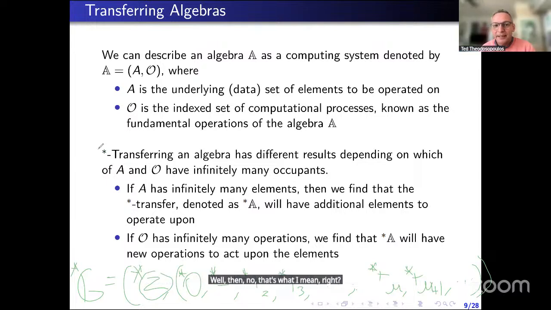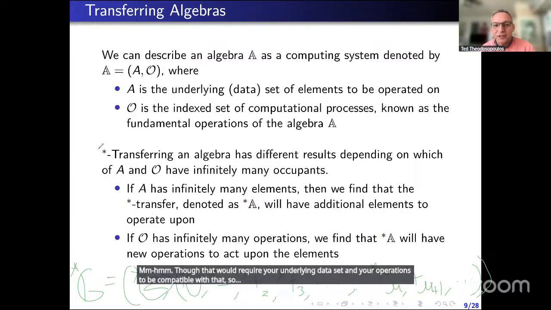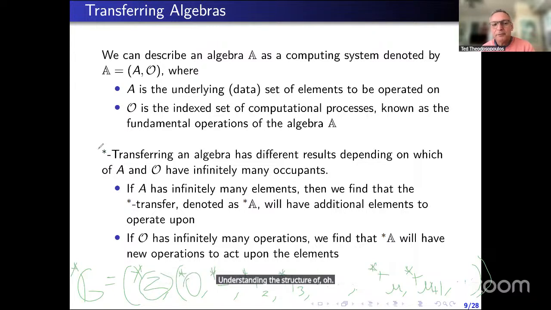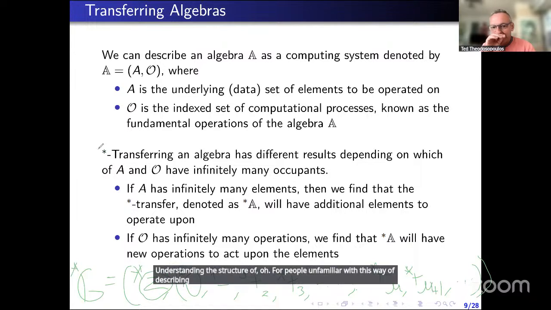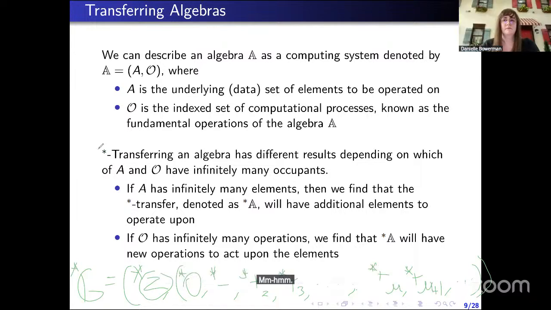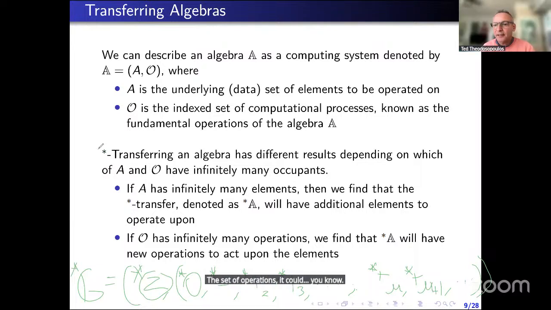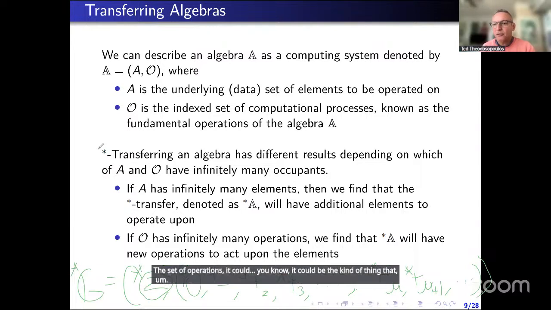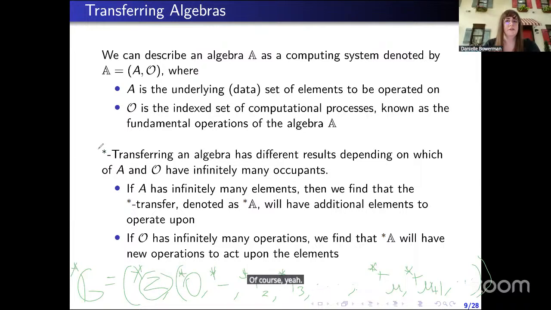Presumably, I was still talking, before you take the star, about understanding the structure of O. For people unfamiliar with this way of describing what an algebra is, what is the set of operations? It could be the kind of thing that is much more involved than just a regular addition. Of course, yeah. Okay. Just starting with simple examples. Sure. But yeah, you can define algebras or underlying sets and operations in all sorts of ways.